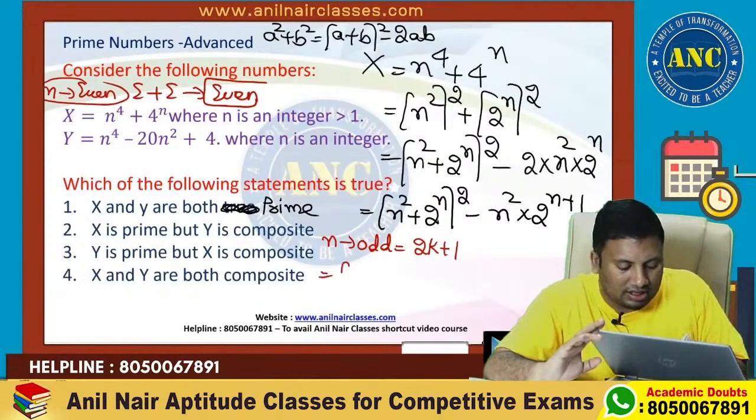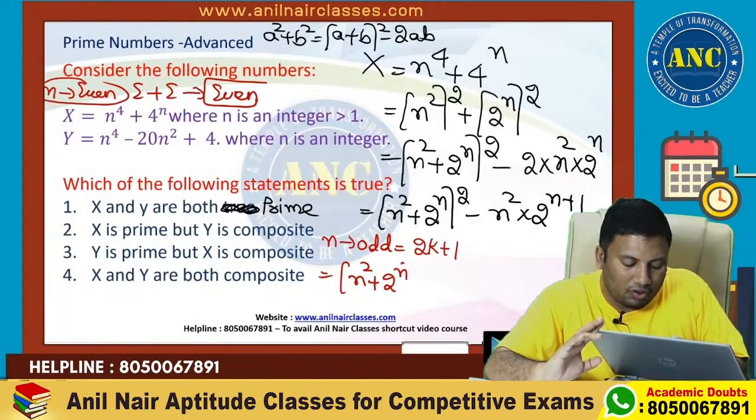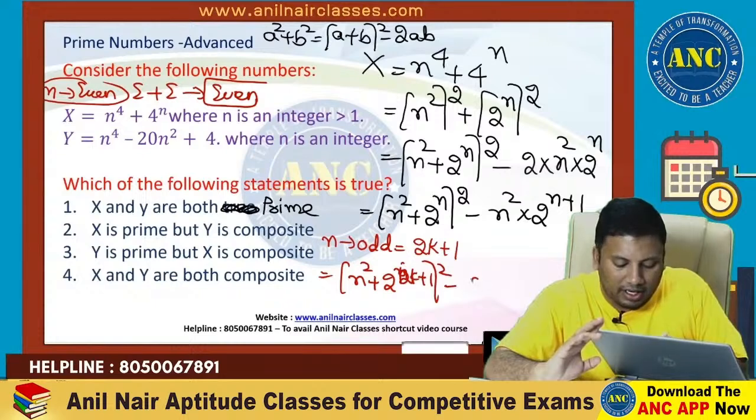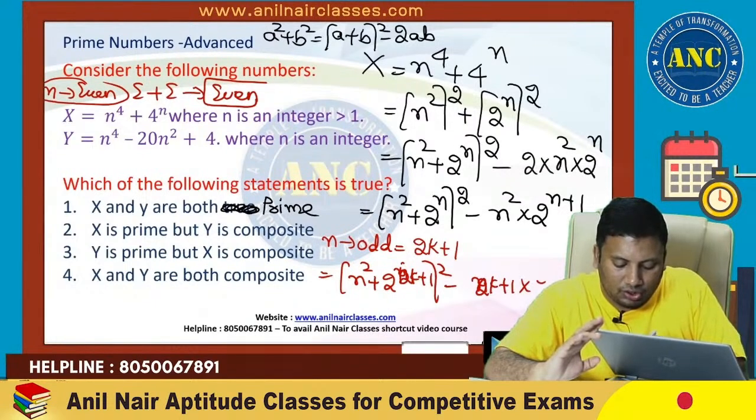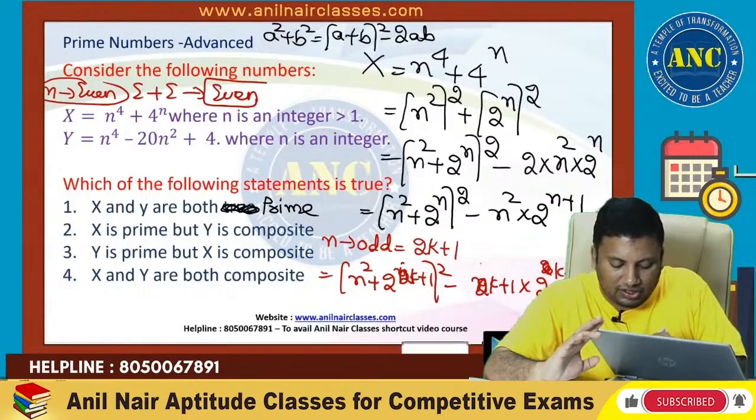So this is nothing but (n² plus 2^(2k+1)) whole square minus n² into 2^(2k+2). 2k plus 2, it is nothing but 2(k plus 1).